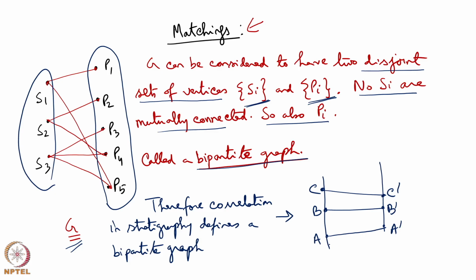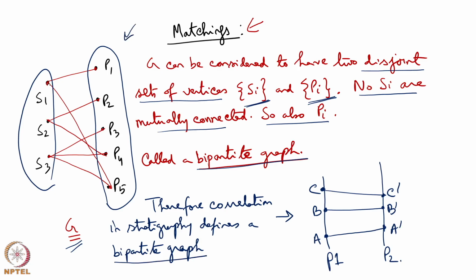Geological correlation. What happens at one side within the lithology, A, B and C, maybe by biostratigraphic means we have correlated with A dash, B dash and C dash. This is the P1 section and this is the P2 section. What is the basic difference in this kind of bipartite graph and what I have drawn over here?